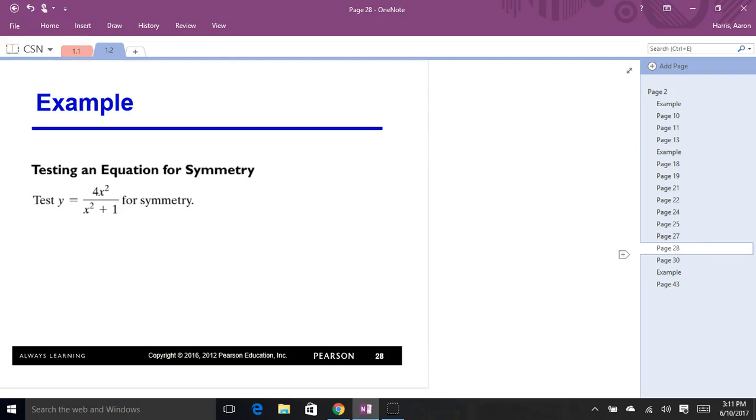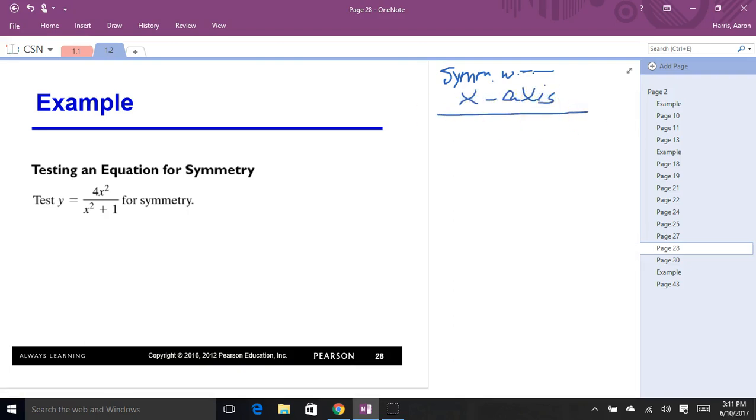So let's do an example here. y equals 4x squared over x squared plus 1. Let's see if this is symmetric with respect to the x-axis.